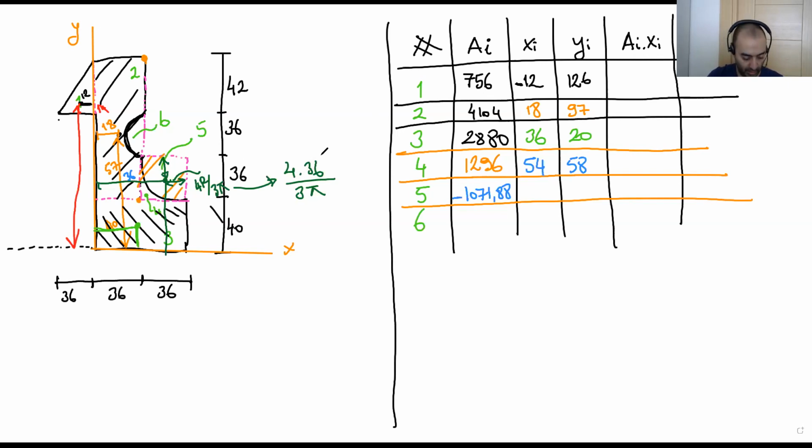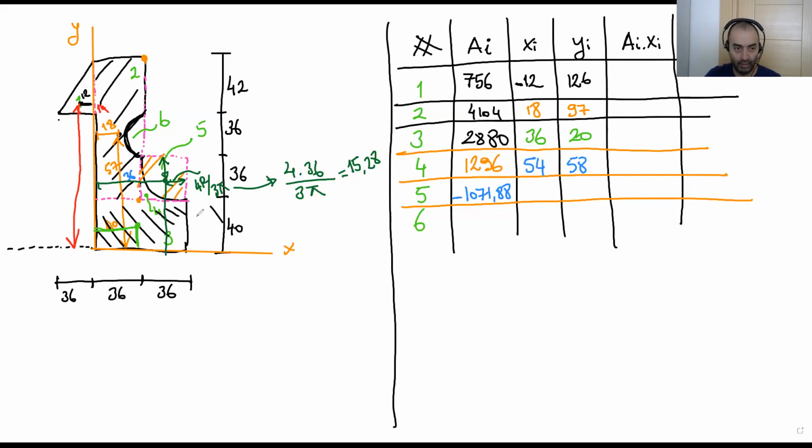Let me calculate it, I have a calculator here. 4 times 36 over 3 times π. It's like 15. It's like this number.